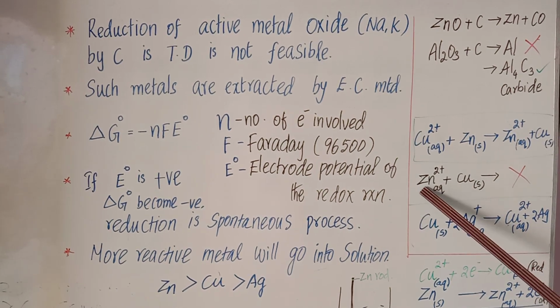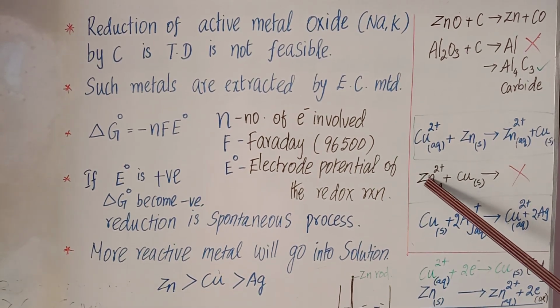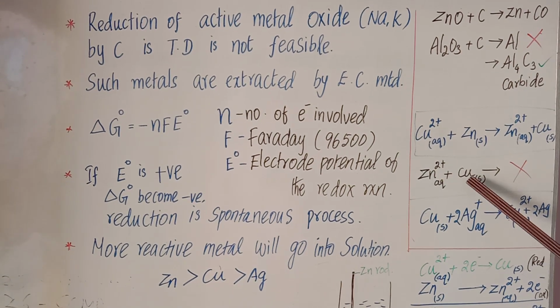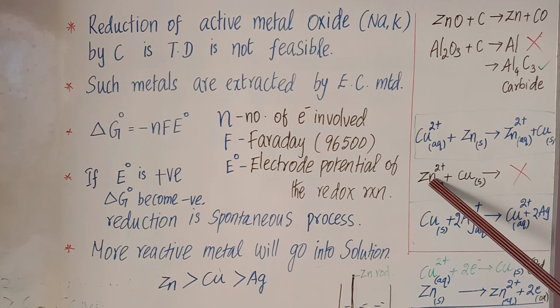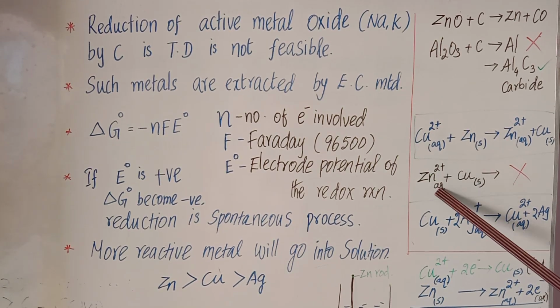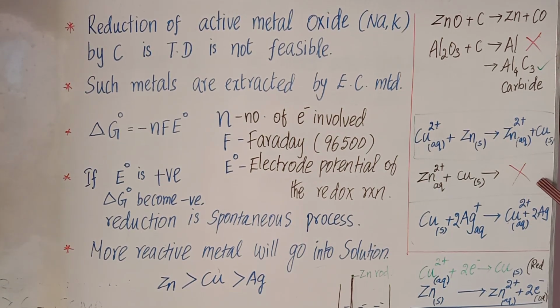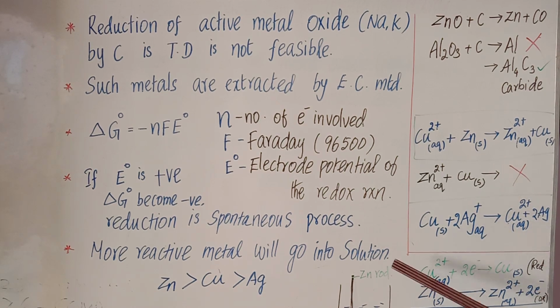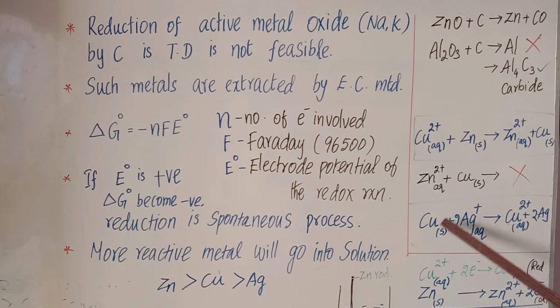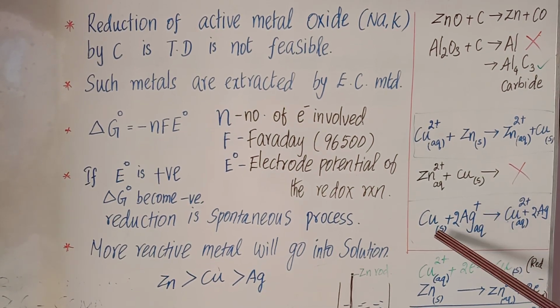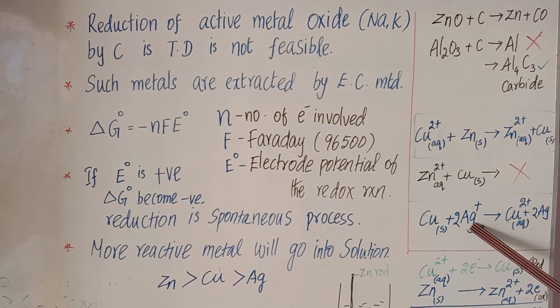Suppose a reaction like this, Zn2+ and Cu. Here, which is more reactive? Zinc is the more reactive. It is already in the solution, so there is no reaction. And another example, Cu plus Ag+. Here, which is the more reactive metal?